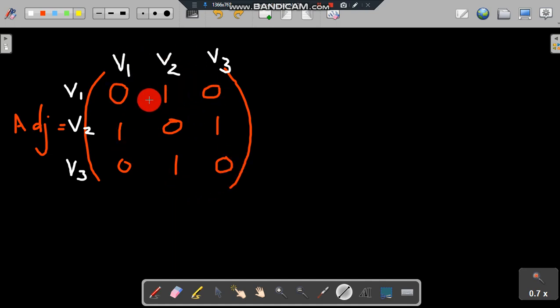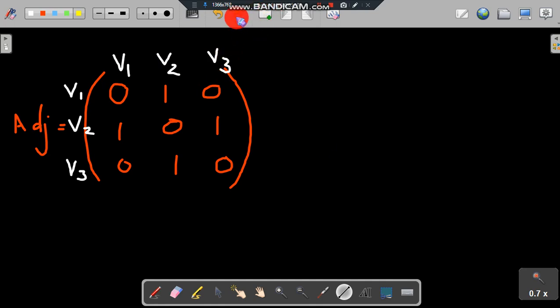Right, now how many vertices are there? V1, V2, V3. 3 vertices are necessary here to draw the graph connected to this matrix.